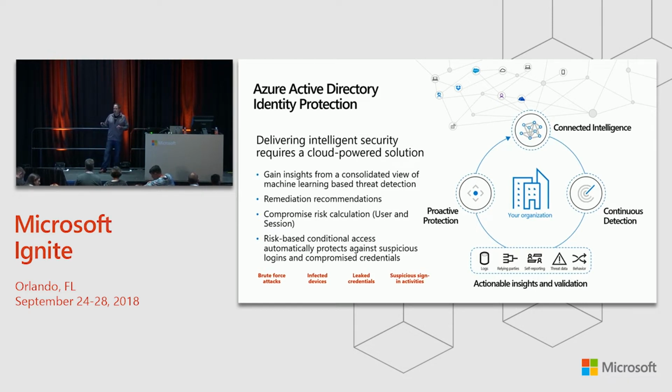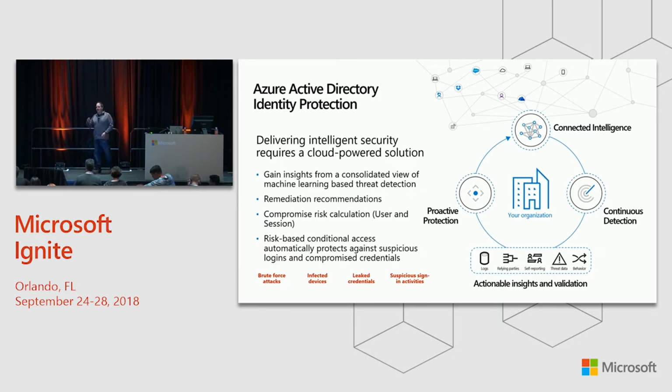Using machine learning and the intelligence that it has, it calculates both a user risk and a session risk. Now, when I talk about risk for Identity Protection, it's the user's risk of compromise, or a session's risk as it happens. What is the risk that this session is an attempt at a compromise?